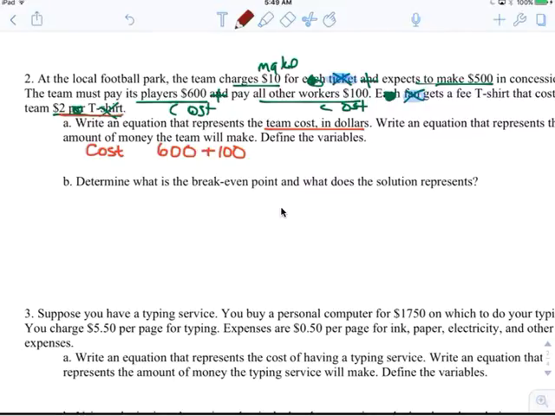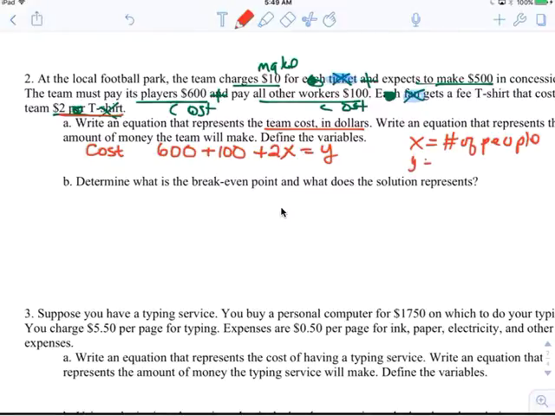Oh, we said this was cost 2 plus $2 times the number of people that show up. $2 for each t-shirt for the number of person equals to your total cost Y. X equals to the number of people. That's number of fan. Oh no, number of people that show up. Number of people.